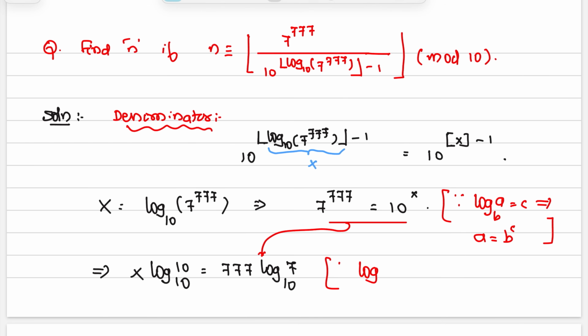Since log a to the power of m is equal to m into log a to the base b when you take the base b.